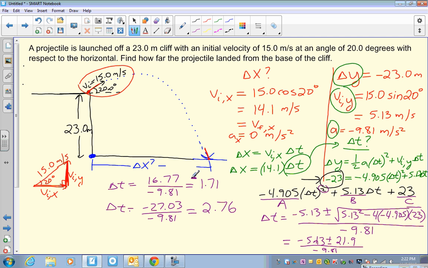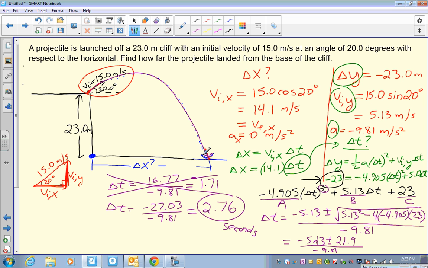Change in time is negative or positive. I mean, in math, we had two solutions, but in physics, this one doesn't make sense. So we're going to throw out this answer, and we're just going to use this 2.76 seconds. So it takes 2.76 seconds for this projectile to go splat at the bottom of the cliff.